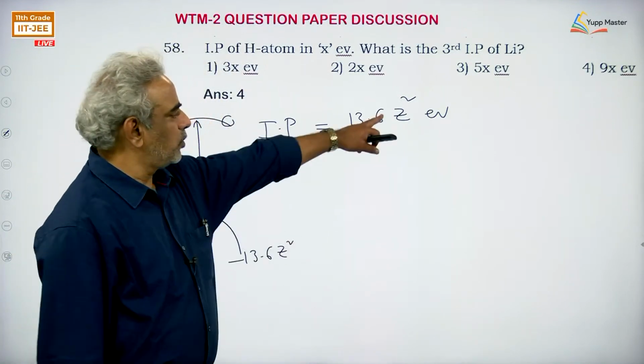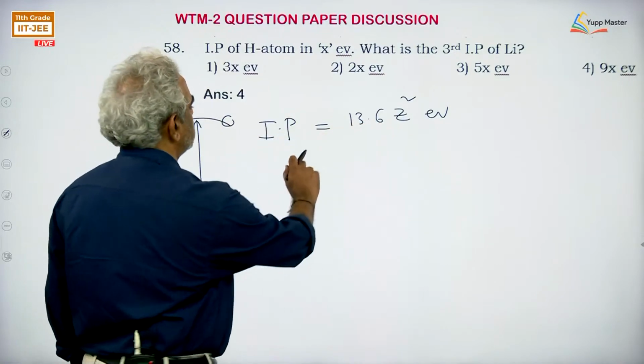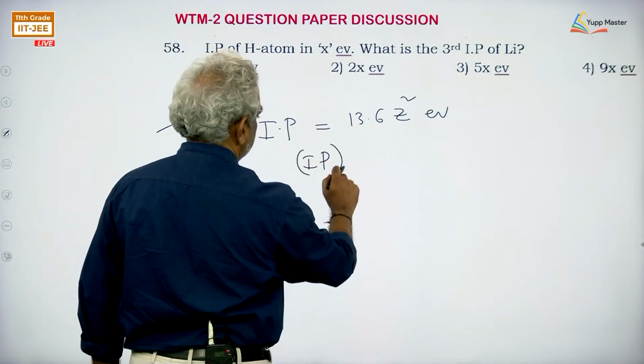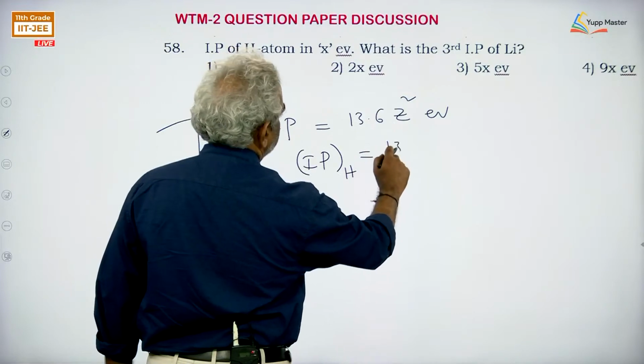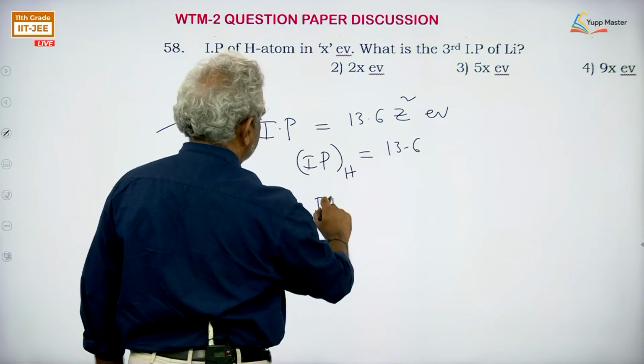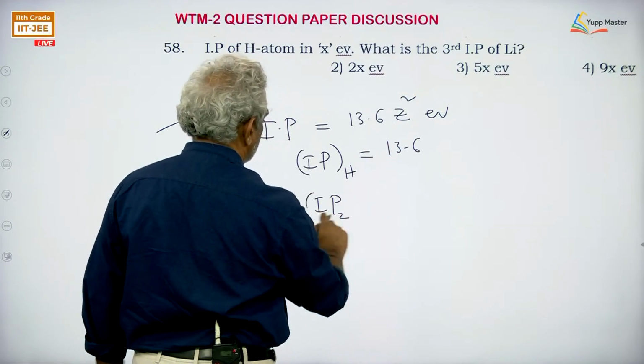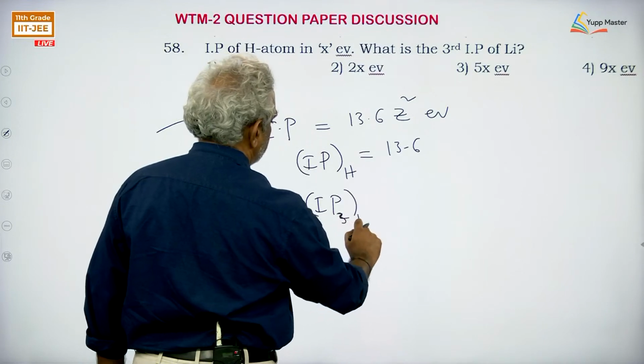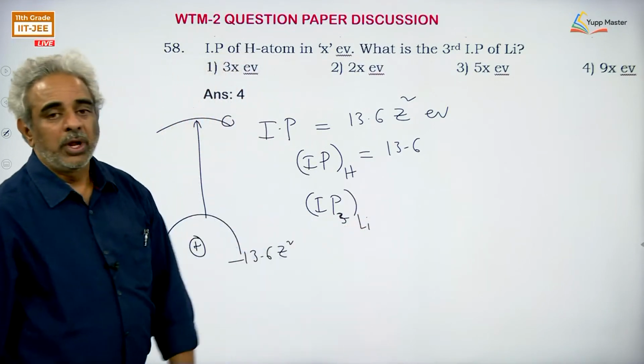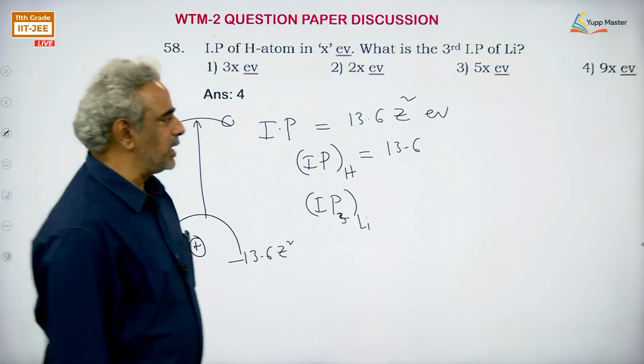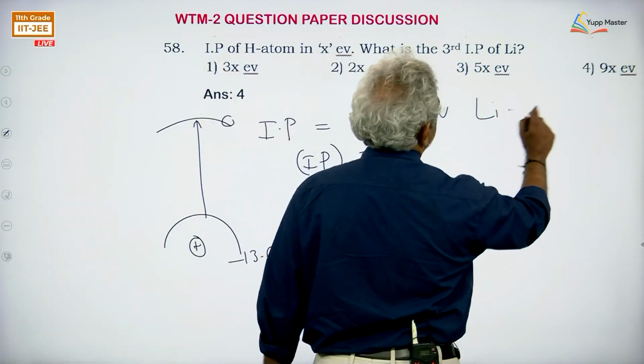So Z is what? 1 for hydrogen. So ionization potential of hydrogen is 13.6. Ionization potential 3 of lithium means what? Lithium's first IP is this.